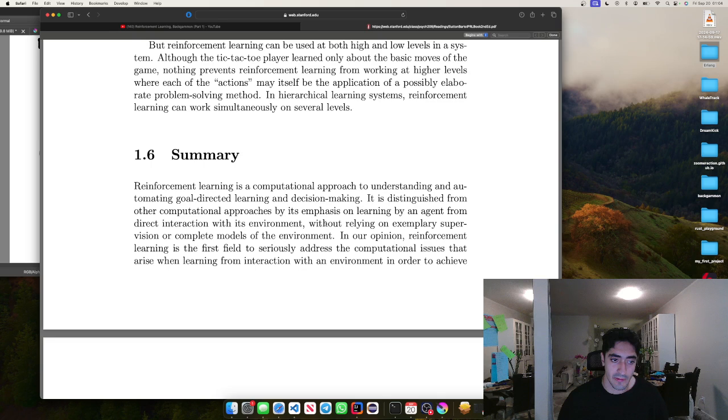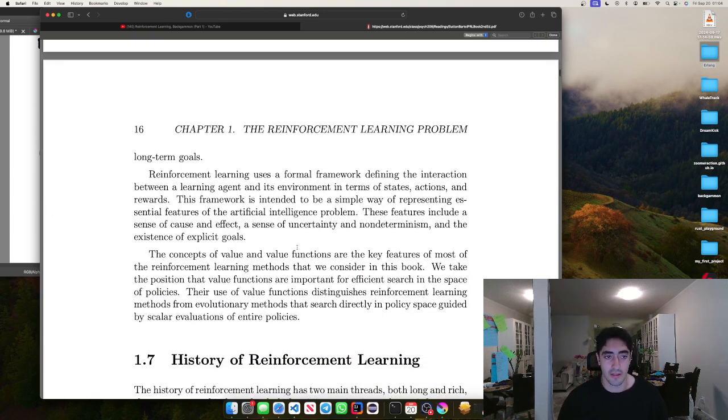In our opinion, reinforcement learning is the first field to seriously address the computational issues that arise when learning from interaction with an environment in order to achieve long-term goals. Reinforcement learning uses a formal framework defining the interaction between a learning agent and its environment in terms of states, actions, and rewards. This framework is intended to be a simple way of representing essential features of the artificial intelligence problems.